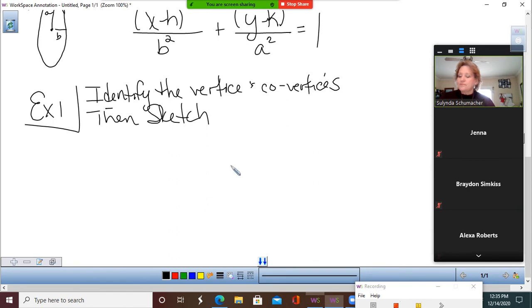So let's say I have x squared over 36 plus y squared over 16 equals 1.